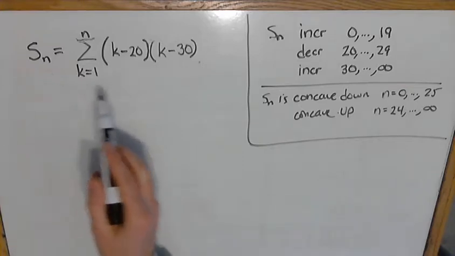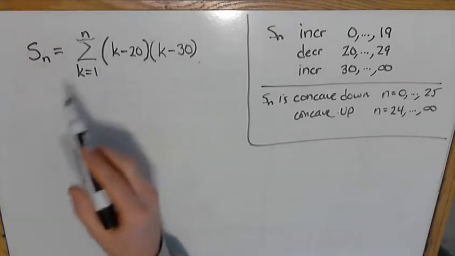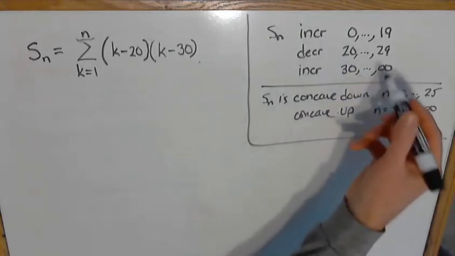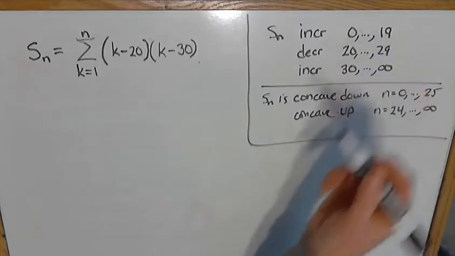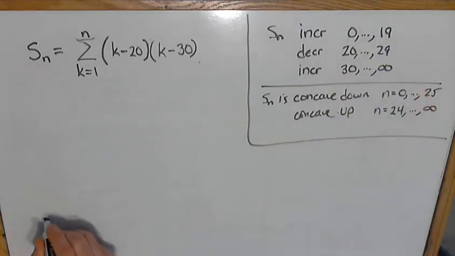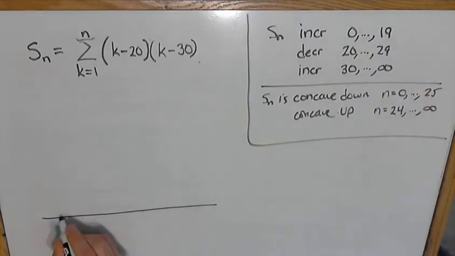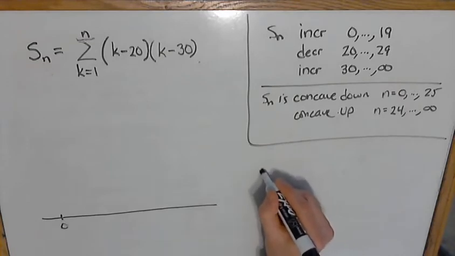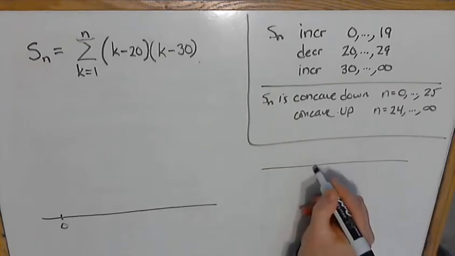So we're going to temporarily pretend that this sequence is really a function, and this is what we have describing my function. These intervals are really describing my domain. So if I have a graph, I start at 0, and my behavior has these key changes happening at 19 and 20.